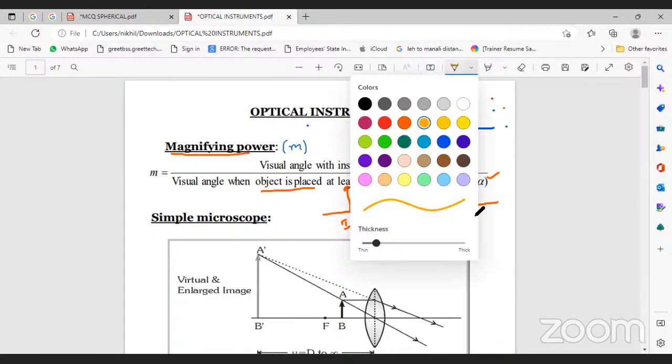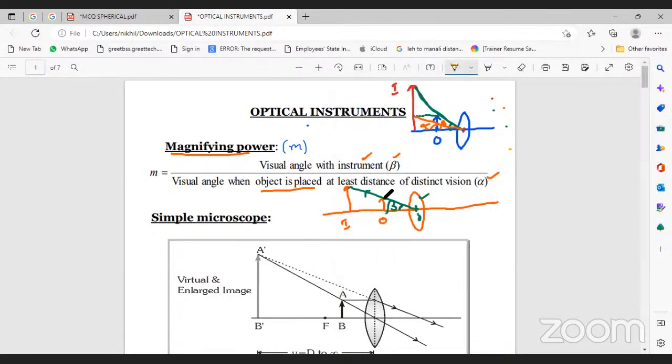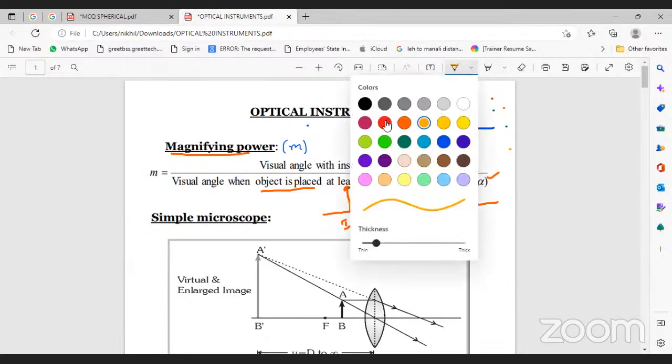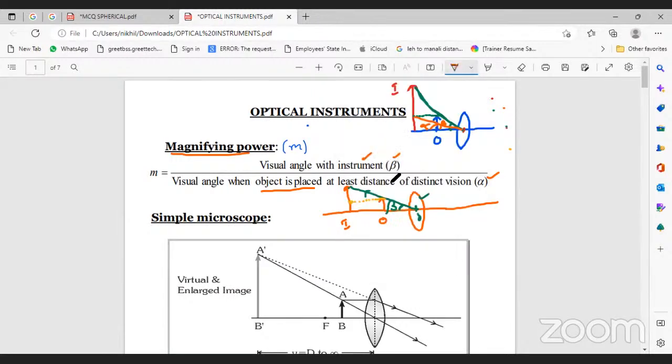Now, I am going to draw another line perpendicular like this. From this position, I will calculate one more angle, the angle of the object. That angle I am going to denote with alpha.